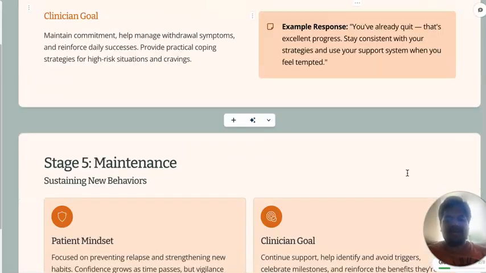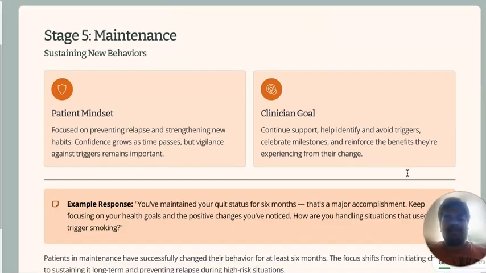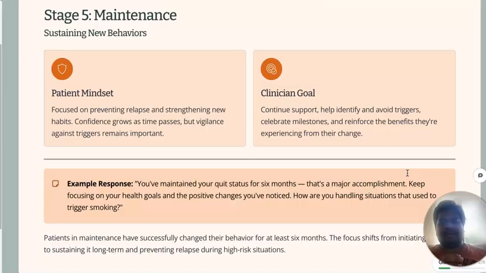So this is just an example of how, as a clinician, you can frame your words to the patient with all these clinician goals. Now, the next phase is the maintenance phase. The maintenance phase is like now he has already quit smoking for more than, let's say, 3, 4, 6 months, and now he is maintaining it.